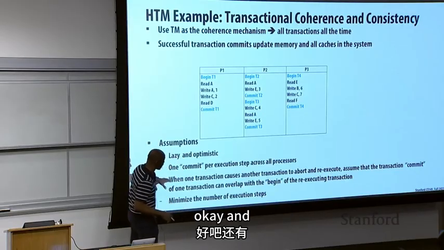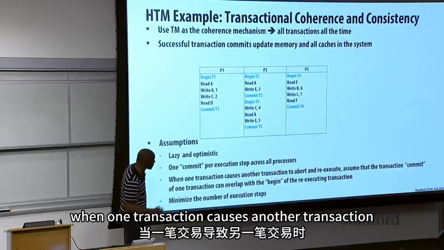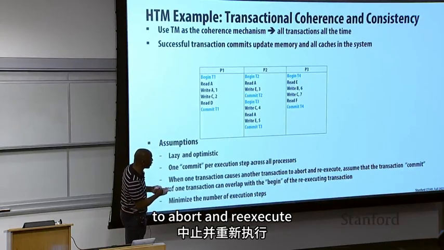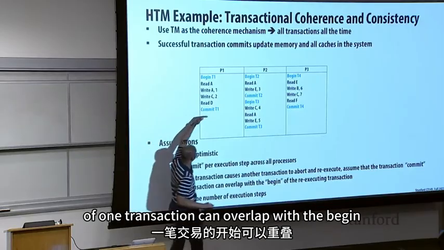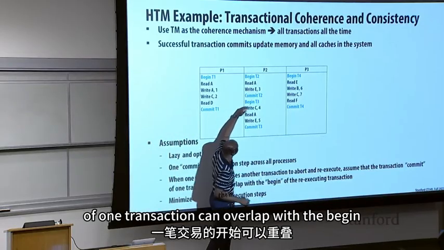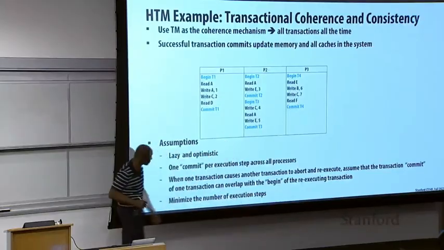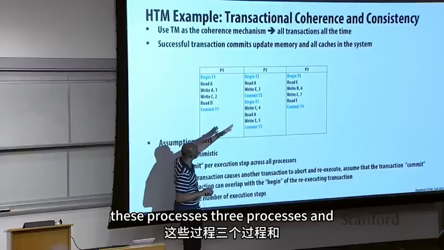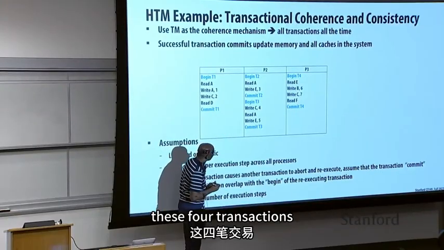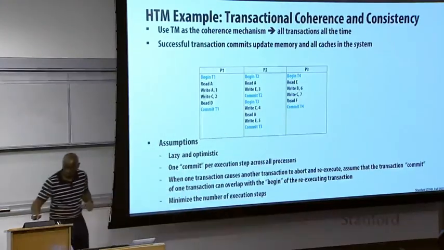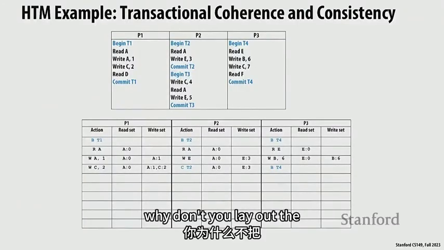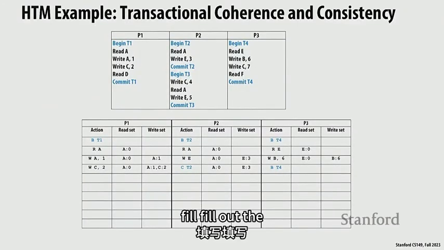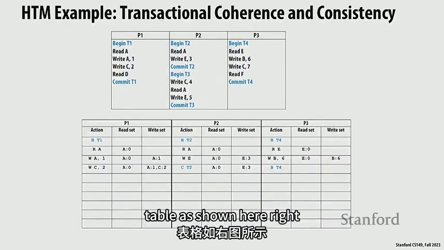Okay, and when one transaction causes another transaction to abort and re-execute, you can assume that the commit of one transaction can overlap with the begin of another transaction. So with that in mind, given these 3 processes and these 4 transactions, why don't you fill out the table as shown here?